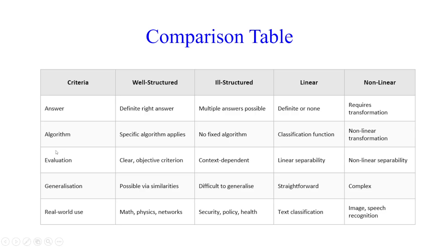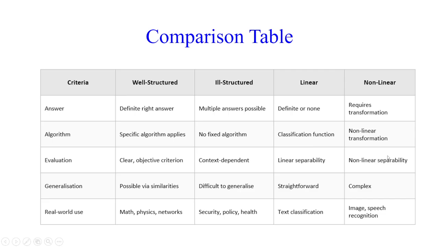Here, if you talk about the algorithm, for well-structured you have to apply a specific algorithm. For ill-structured, there is no fixed algorithm. For linear, you can use the classification function. Here, you need a nonlinear transformation. When you talk about the evaluation, it should be clear and objective. It should have an objective. Here, it is context dependent. It is linearly separable. Here, it is not separable.